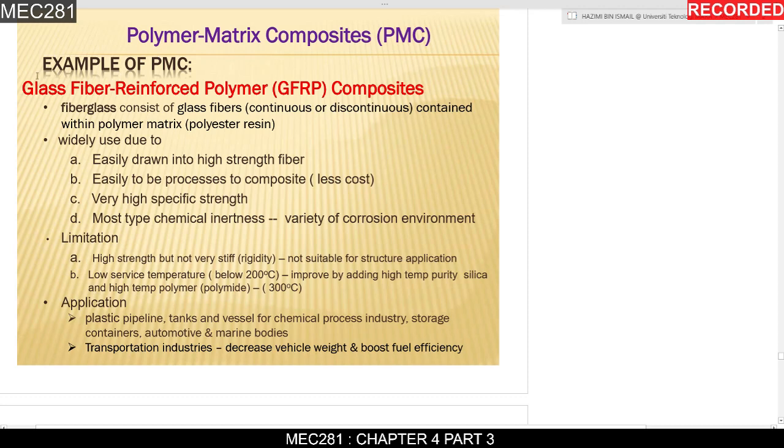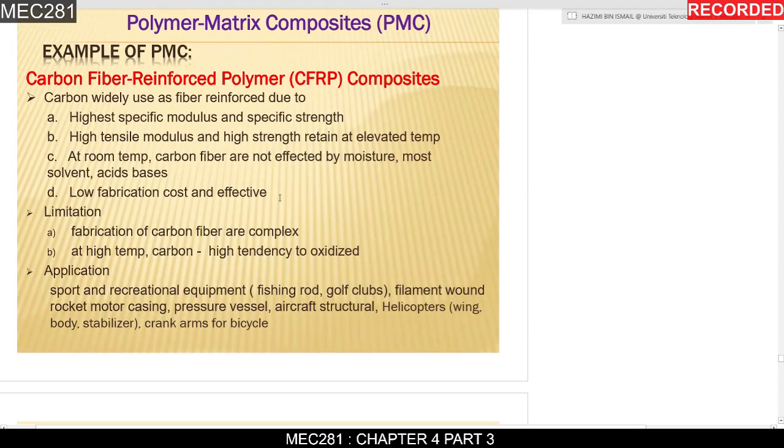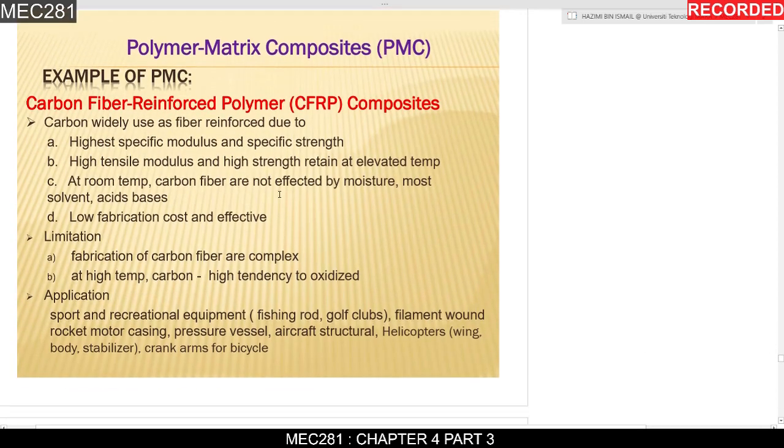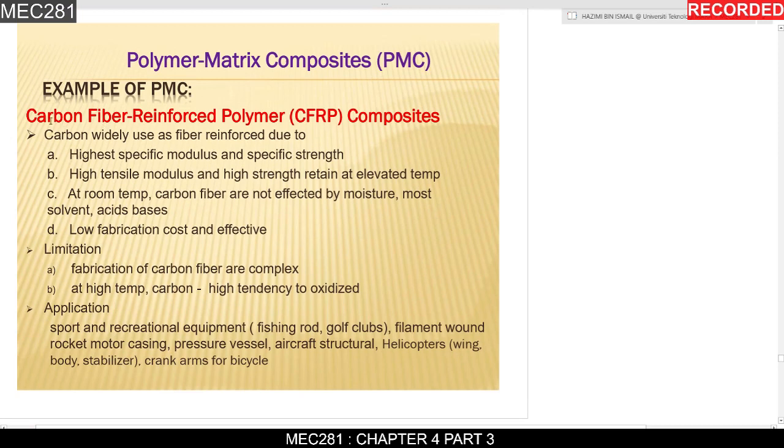face is using the glass fiber. Okay, and if we use the carbon fiber for the PMC, we combine with the polymer, and we have CFRP. We call it carbon fiber reinforced polymer composite.